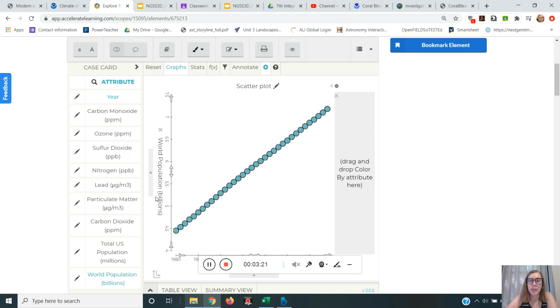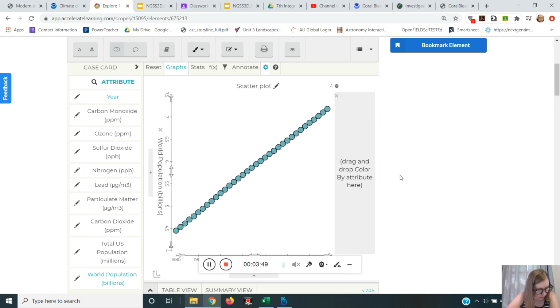Okay, so we can see that the trend in our data is that over time, from 1980 to present, the world population has increased. Okay, it was much slower in 1980, only about 4.5 billion as compared to now close to, let's see, 2014, which is a little bit out of date, but still we're just over 7 billion for our human population.